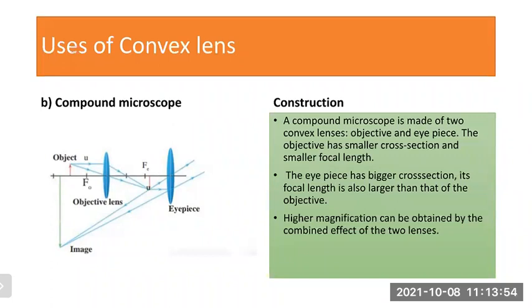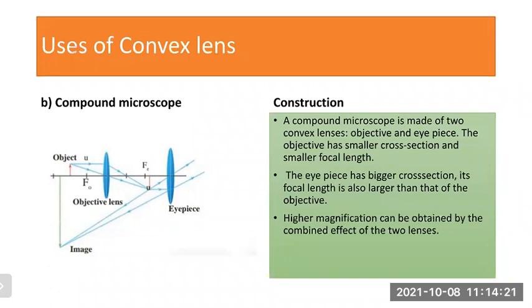Got it? So in this way, we can observe minute things by the combined effect of these two lenses. Which are the two lenses? That is the objective lens and the eyepiece. Objective lens having the smaller focal length, eyepiece having the larger focal length, but by the combined effect of these two lenses, we can obtain the higher magnification.